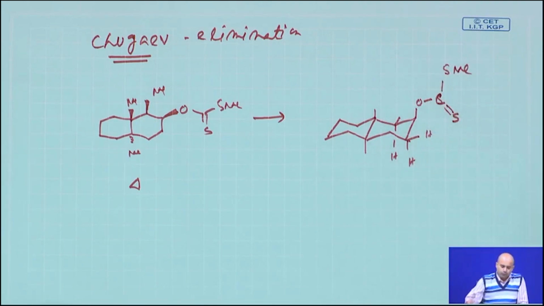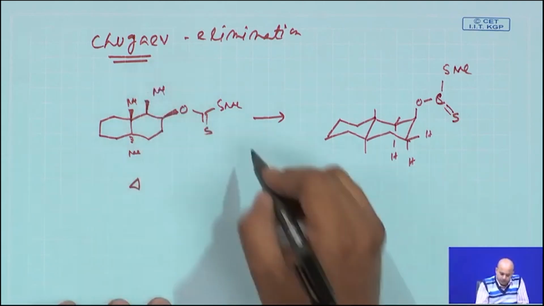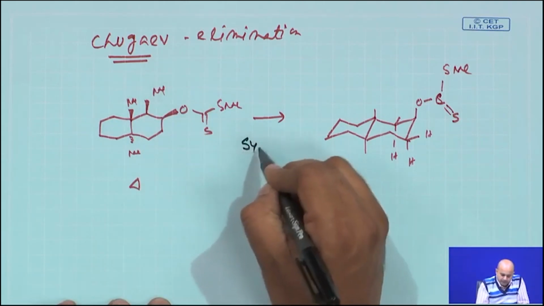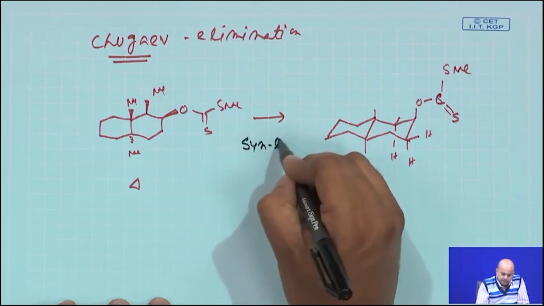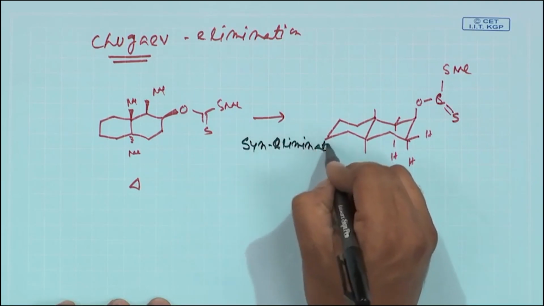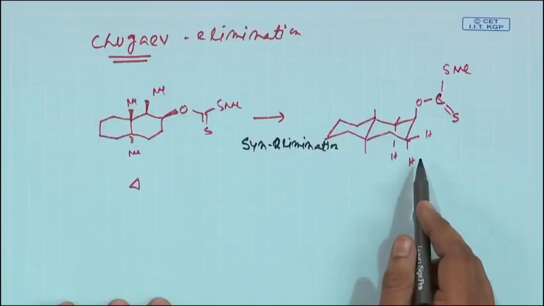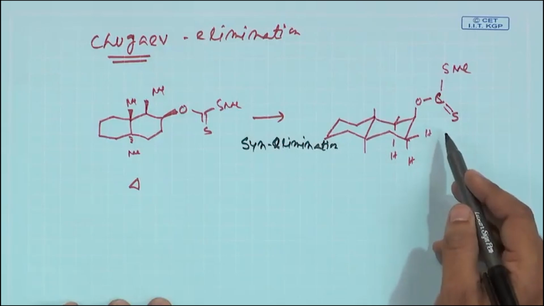Now, the mechanism proposed by Chugaev says that this elimination is a syn elimination. Normally, we always talked about anti-elimination, where the hydrogen and the leaving group have to be in an anti-periplanar arrangement, but this is an example where syn elimination takes place.